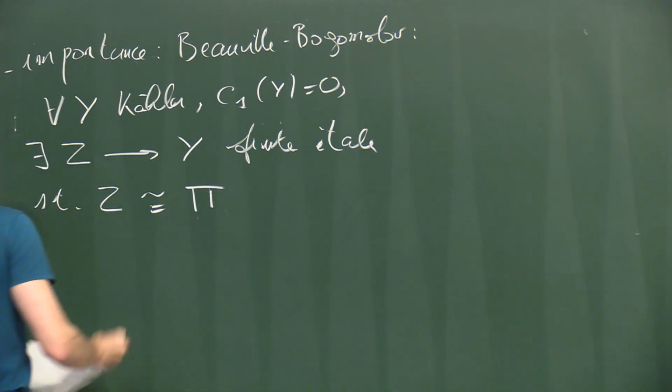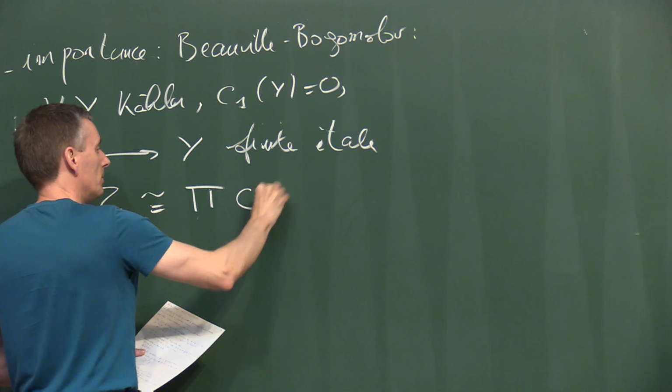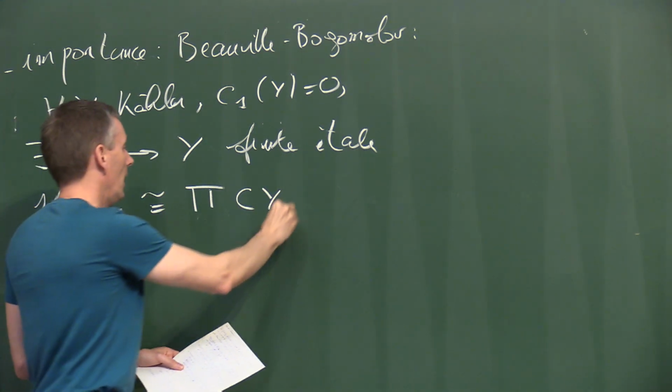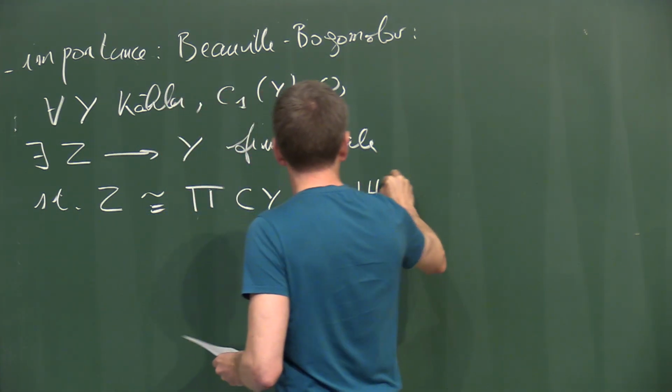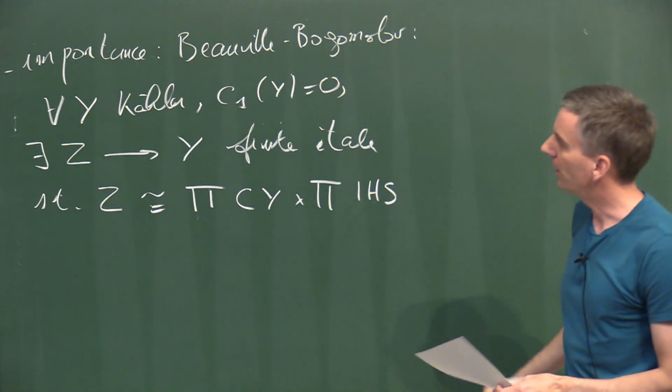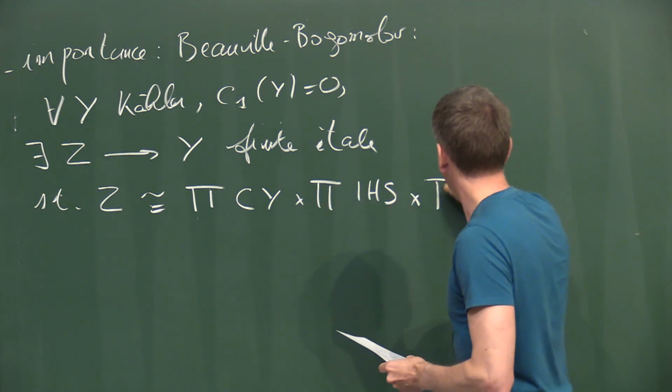The first building blocks, the easy ones, if you want, are Calabi-Yau manifolds, the strict ones. And then products of those IHS manifolds, much more difficult to obtain. And then the last factor is a torus.